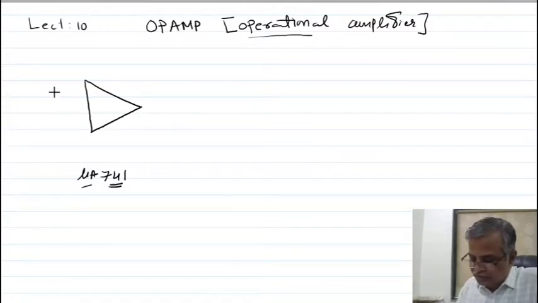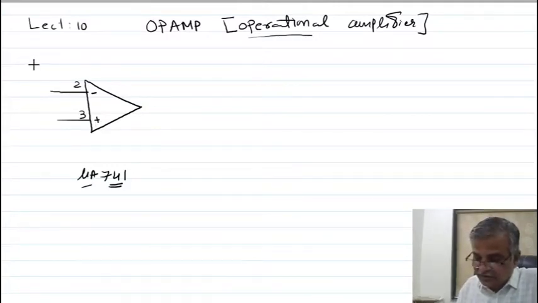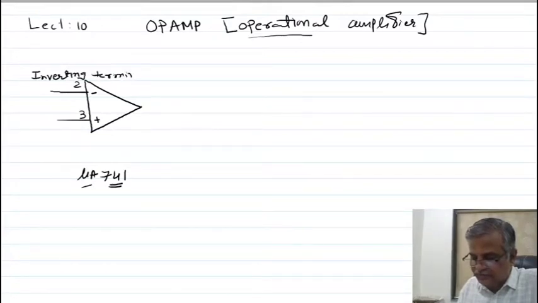I am showing you here. It has two terminals, pin number 2 and pin number 3, for input. At pin number 2 a negative sign is mentioned, and at pin number 3 a positive sign is mentioned. The negative sign indicates the inverting terminal, and the positive sign indicates the non-inverting terminal.